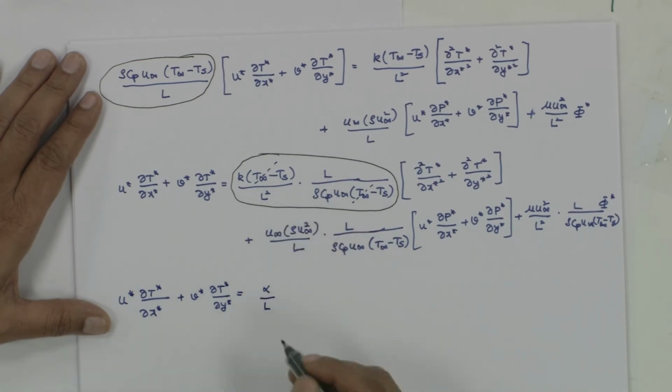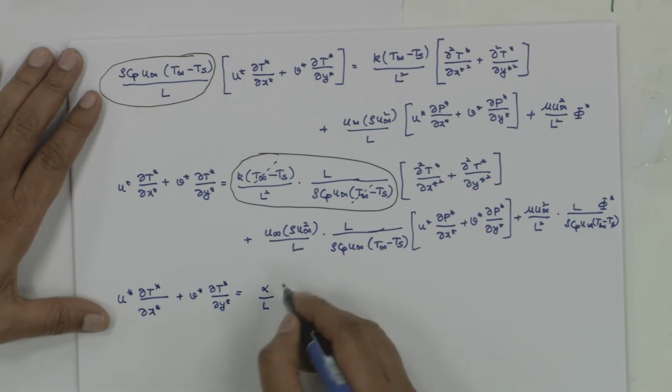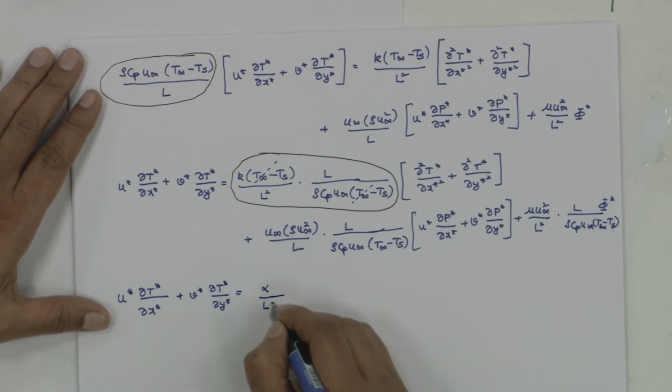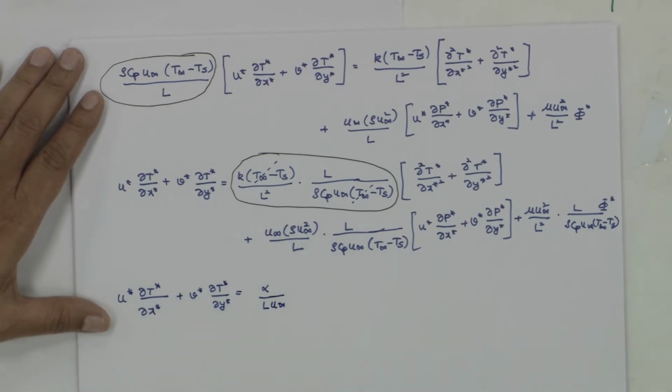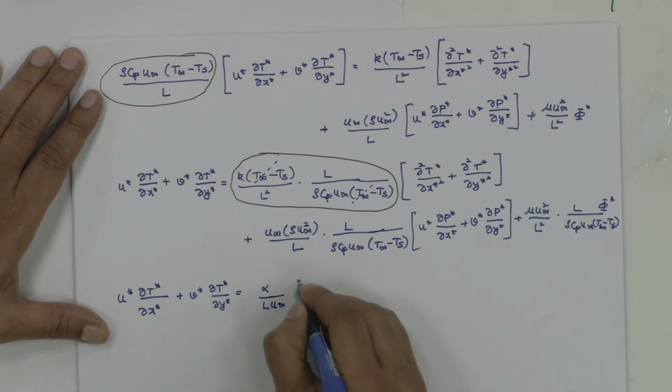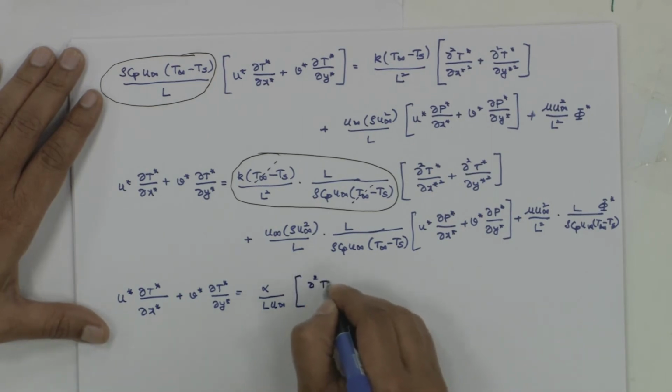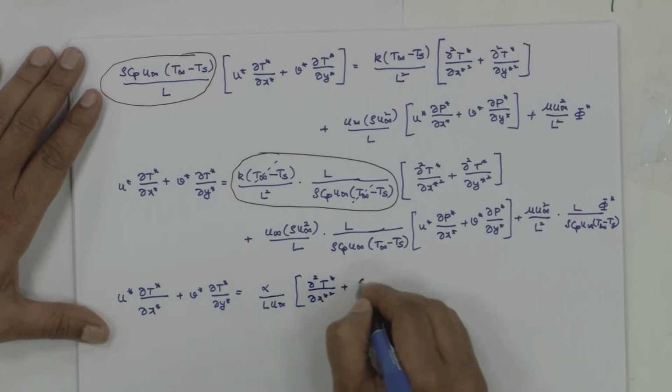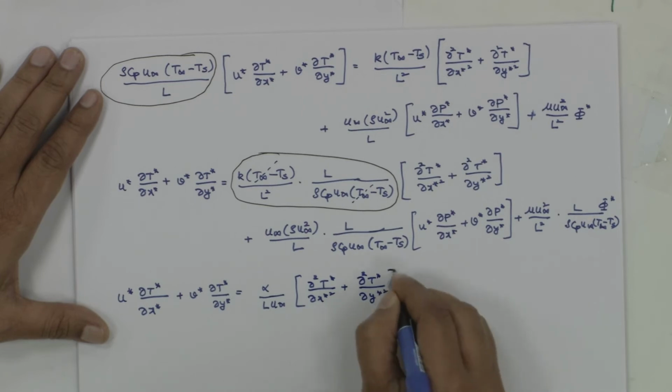So in the denominator I have alpha by L u infinity, is what you are going to get, into del squared T star upon del x star squared plus del squared T star upon del y star squared plus.